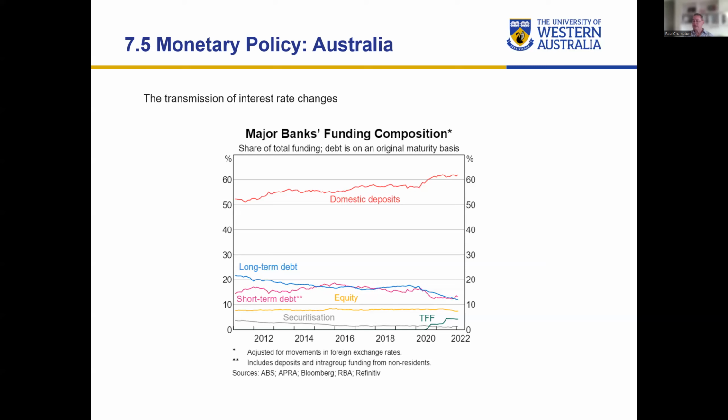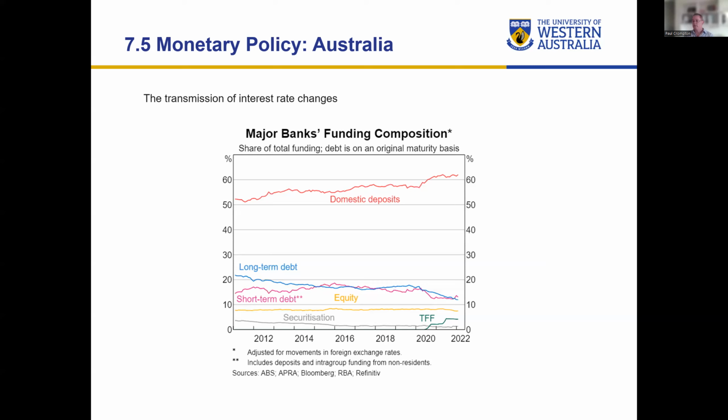They'll face political pressure, public pressure to pass on all of the interest rate cut. But then that will conflict with the interests of the owners of the company. So, once you look at it from that perspective, you start to appreciate the difficult position that the executives of these Australian banks are in.